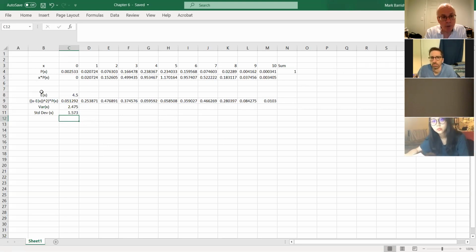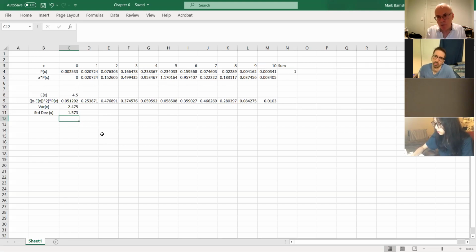All right. Any questions about how to find the mean or standard deviation of a discrete probability distribution? So you have to list the individual values, you have to list their probabilities, and then everything else you can do in Excel. This can be done in Minitab too, and the book shows you how to do it, but it's so easy to do it in Excel.